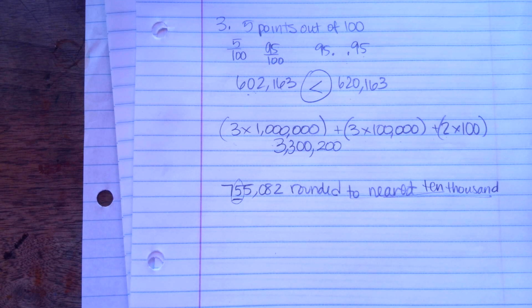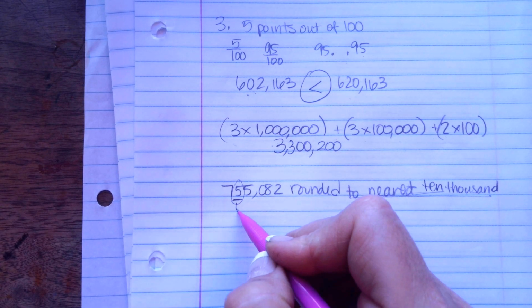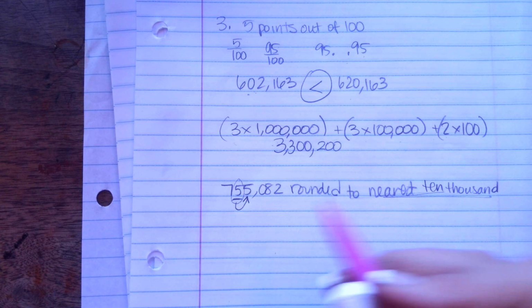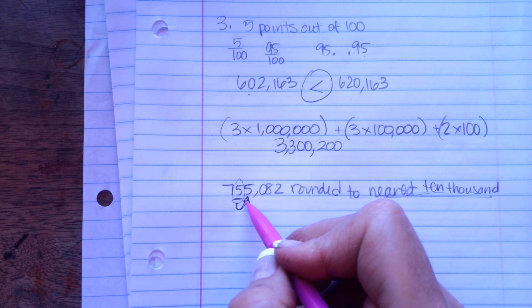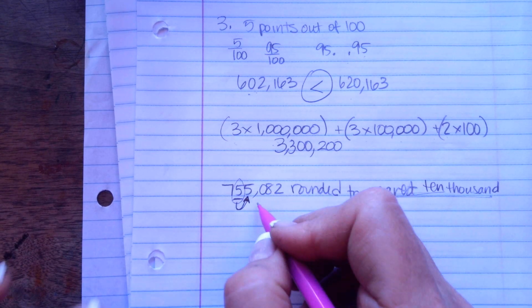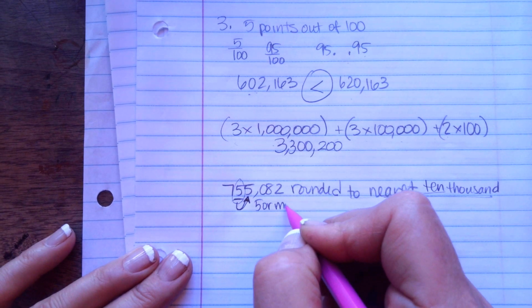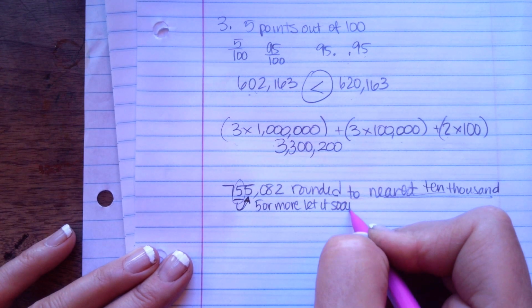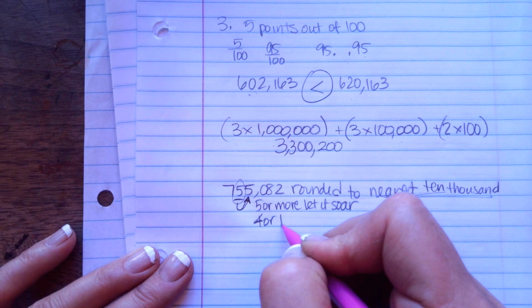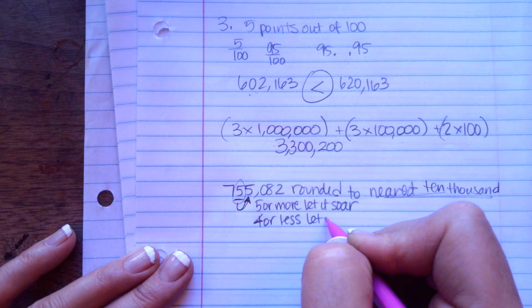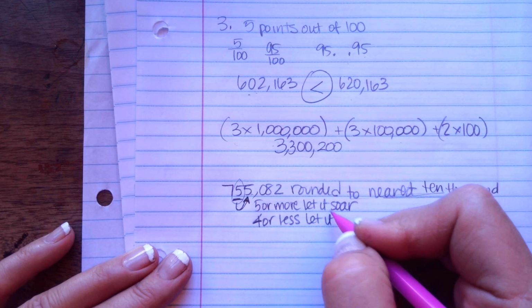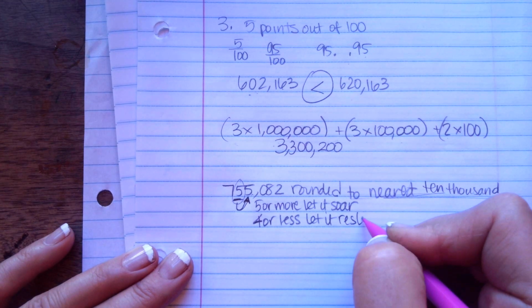All right, so you underline the digit that you're rounding to, and then you go to the neighbor to the right. So I always draw an arrow right here. And I say 5 or more, let it soar. 4 or less, let it rest. And we're not talking about this digit. We're talking about the underlined digit that's either going to soar or rest.